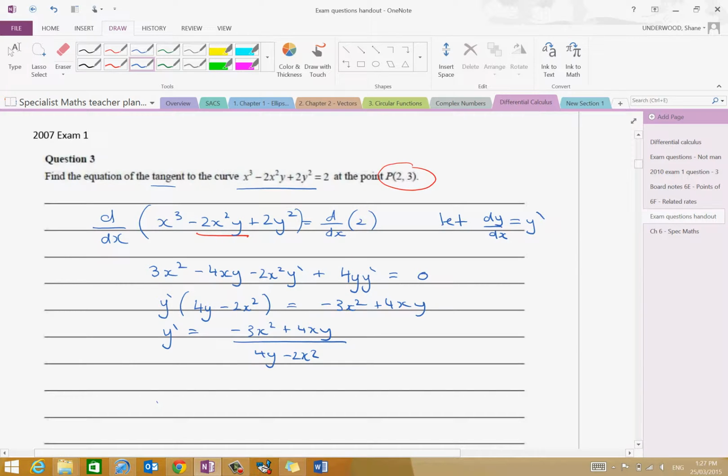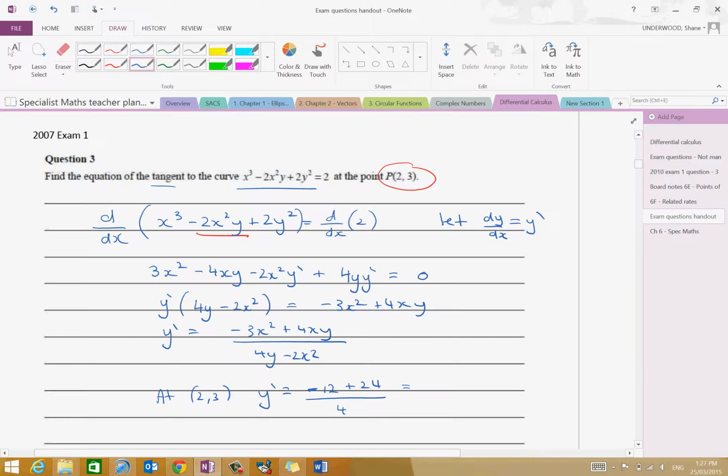So we're just going to say at (2, 3), y dash is equal to minus 12 plus 24, over 4 times y, which is 12 minus 8, which is 4. Is that right?